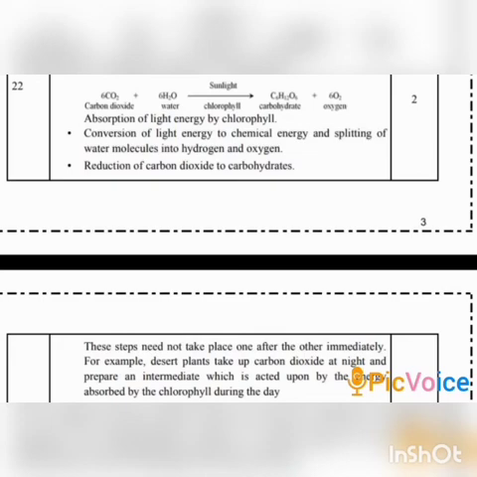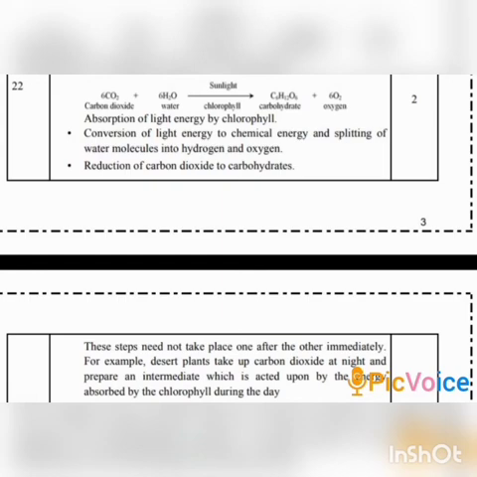Question number 22 is state the events occurring during the process of photosynthesis. So in answer you have to write the equation. You studied an equation of photosynthesis: 6CO2 plus 6H2O in presence of sunlight and chlorophyll gives C6H12O6 plus 6O2.